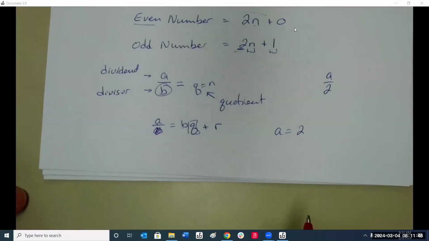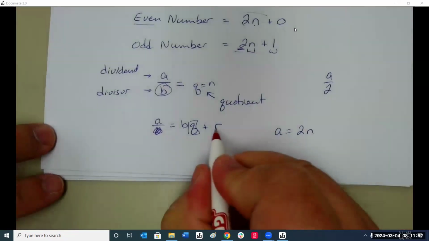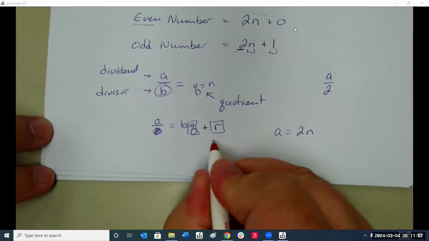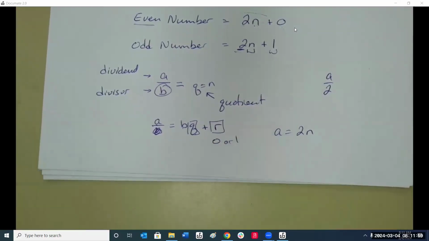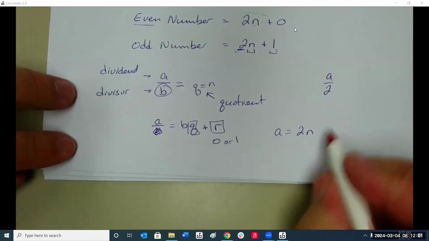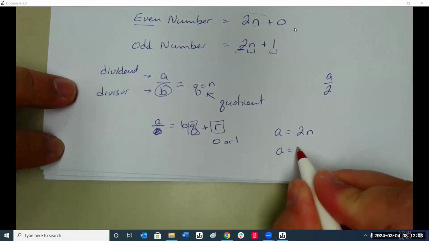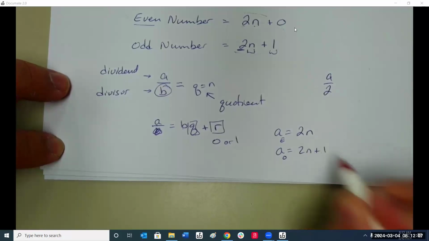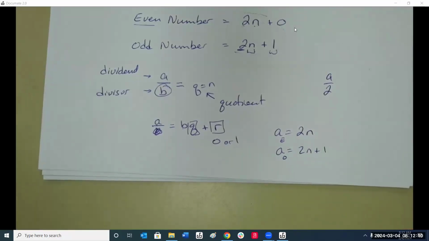That's where we get n. So 2n. Now, the remainder is either what? It's either going to be 0 or 1. So if it's even or if it's odd, that's where they came from.